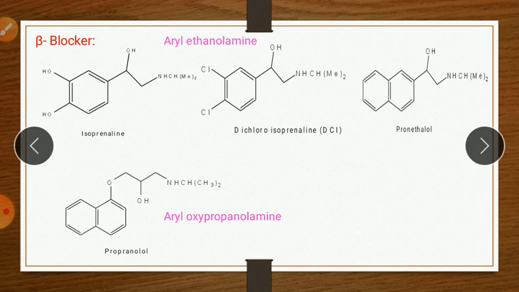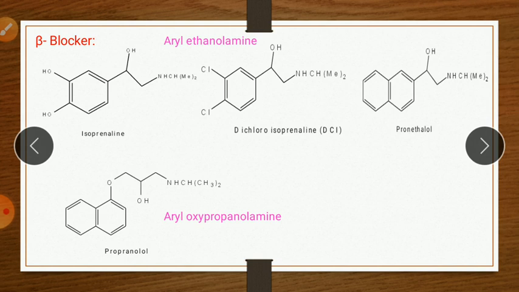Initially, it might appear that lengthening of the side chain could prevent appropriate binding of a required functional group to the receptor site, but later it was found that the aryl oxypropanolamine side chain can adopt a conformation that places the hydroxyl group and amine group in approximately the same position in space.